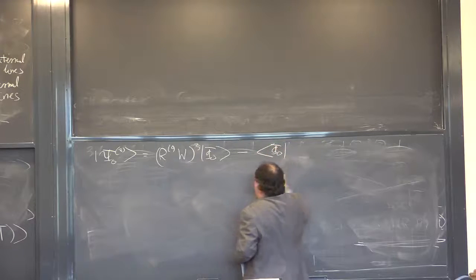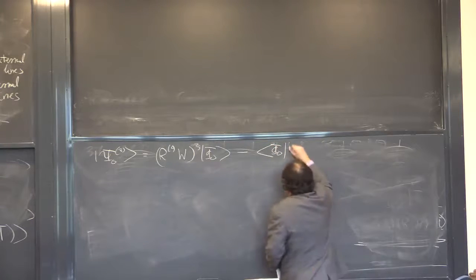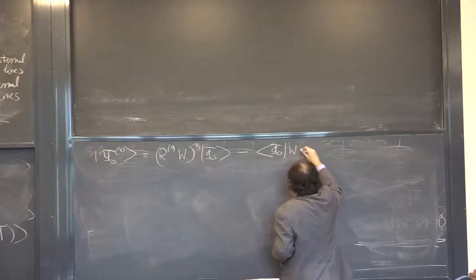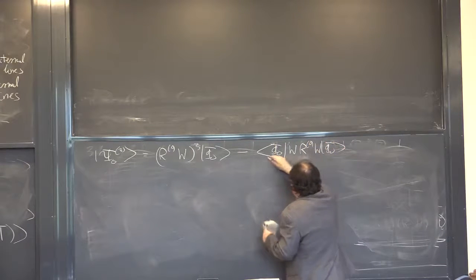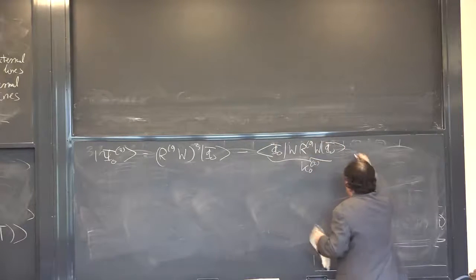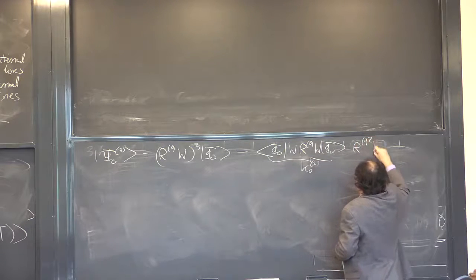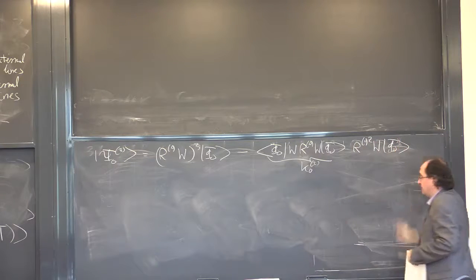So I guess there is some hope that something will be cancelled out if there is the renormalization term. It's phi0 W R0 W phi0, which is, as you remember, the second order correction to the energy, times R0 squared W phi0. That's what our bracketing technique will tell us in this case.